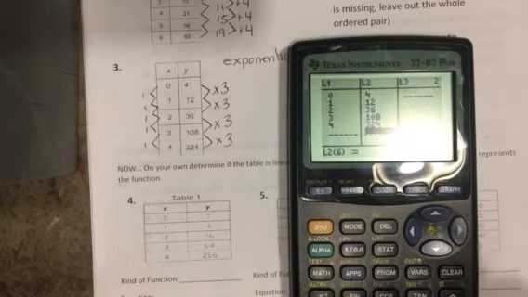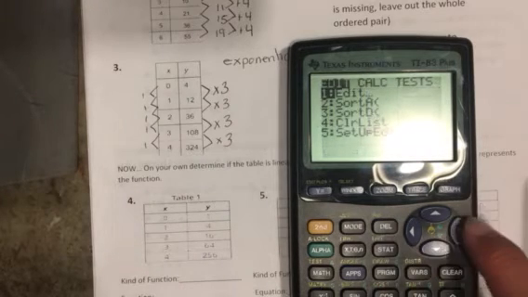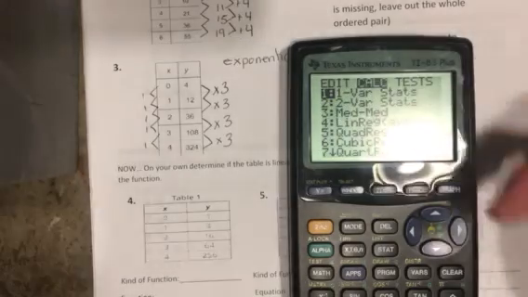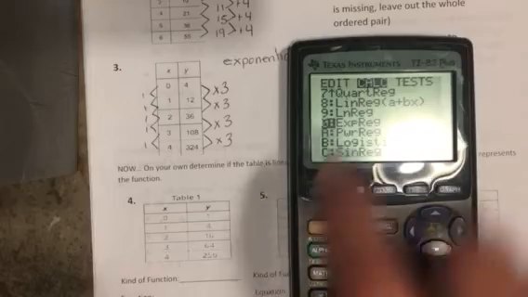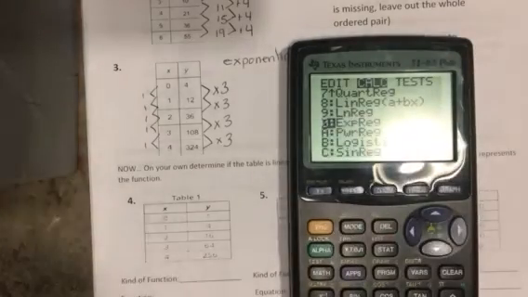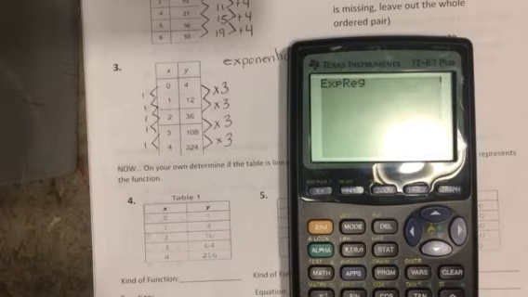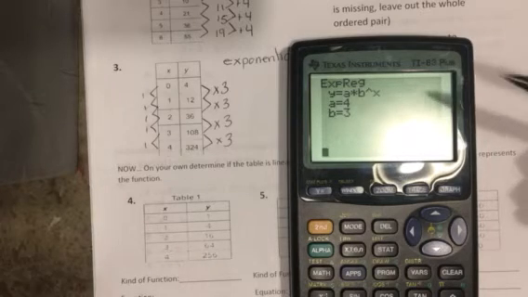Make sure my data points are correct. Stat, calc. Notice you don't see a 0 here, but if you scroll up or scroll down, you'll see that 0. If you push enter scrolling, you'll have to push enter a second time. If you just push 0, you only have to hit enter one time.